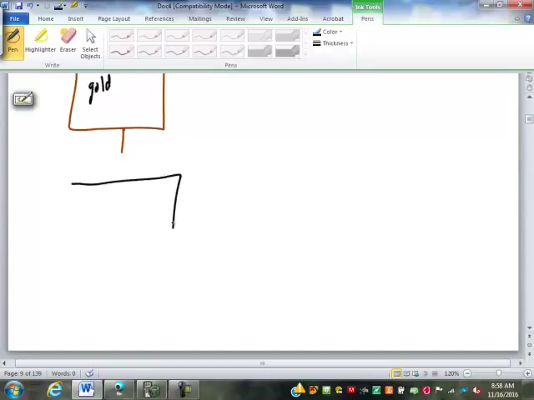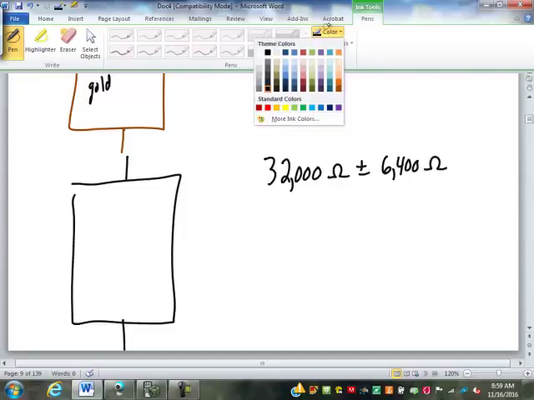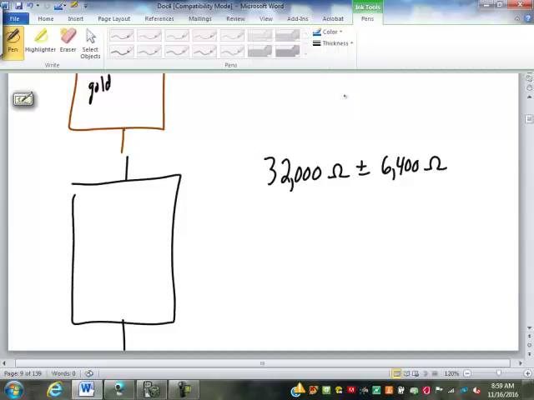What if I tell you that our resistor is 32,000 ohms plus or minus 6,400 ohms? What would we have to do first before we could code that? We would have to turn it into a percent. It's an absolute allowance.